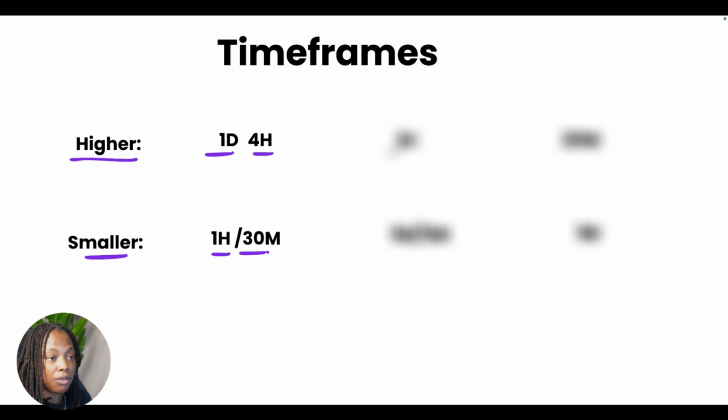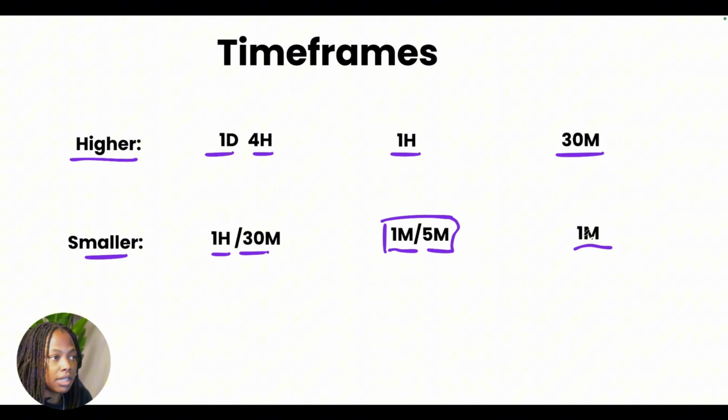If your higher time frame is your 1 hour time frame, the pathway that will take you to the destination that you analyzed on the 1 hour should be your 1 minute or 5 minute. That's where you would be executing your trades and managing your positions. Is the trend still holding? Should I still hold? Should I cut the position? And if the 30-minute is your higher time frame, then use the 1 minute.